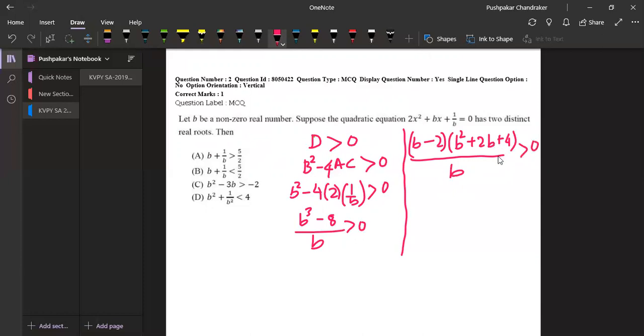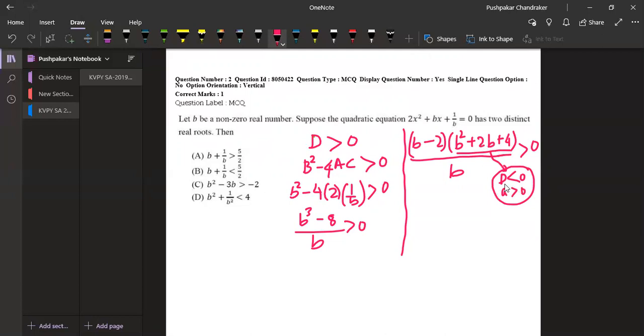Now you can easily judge here that this quadratic has no real root. Or you can check here, the discriminant for this quadratic is negative and a is greater than 0. Matlab it is an upward parabola, and with a negative discriminant it's not intersecting the axis. It means this quantity is always positive. So you don't have to bother about this because it's always positive.